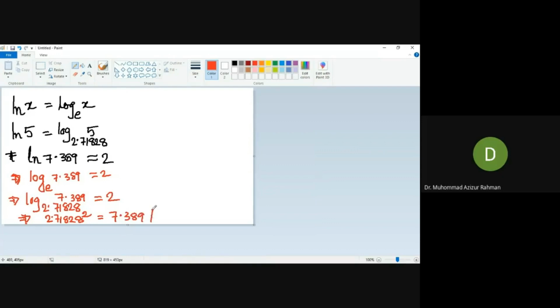So the two important things are: log base a of x equals n, then we can do the exponent, a to the power n equals x. You must remember these two.